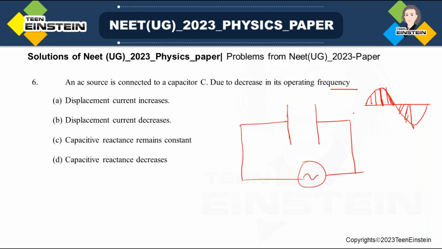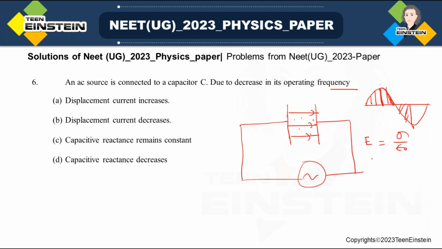Anyway, the electric field in between will be uniform, and that electric field can be obtained as sigma by epsilon naught if this is an air medium in between. And from here I have to find out displacement current.